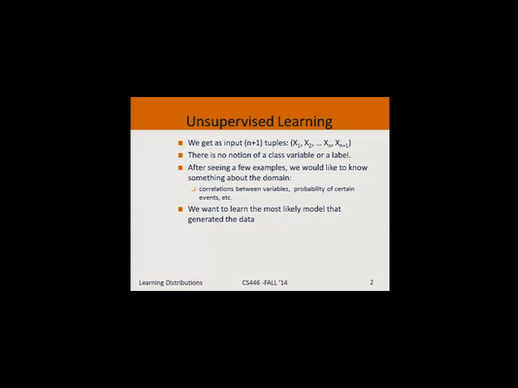The interesting thing is going to be that you want to compute the probability of an event that you haven't observed, otherwise it would be less interesting, although even that would be interesting. So in our terminology today, what we want is to learn the most likely model that generated the data. Once we have this model, we can answer a lot of questions about it, make predictions, compute probabilities, and so on.